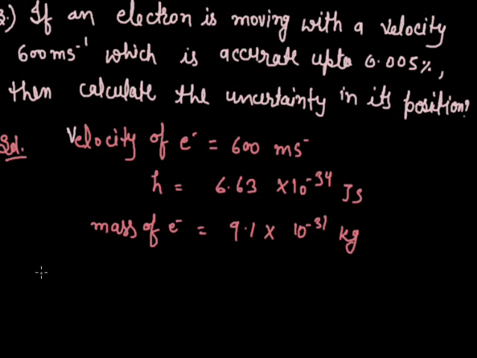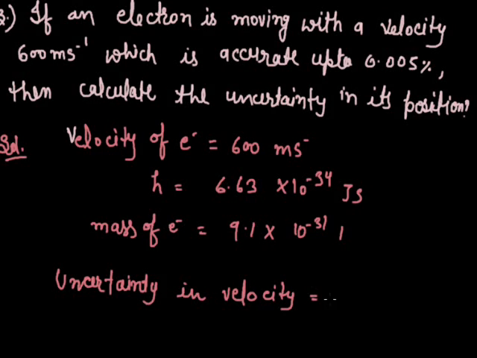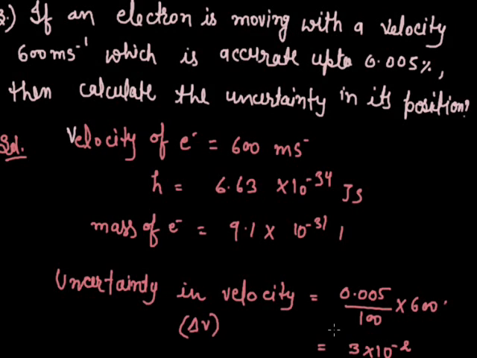So the uncertainty in velocity will be 0.005 upon 100 into 600, which will be equal to 3 into 10 to the power minus 2. So the uncertainty in velocity, delta v, will be 3 into 10 to the power minus 2 meter second inverse.